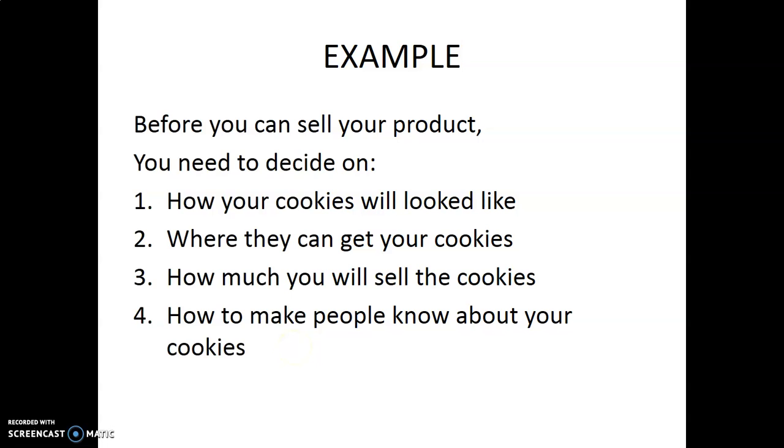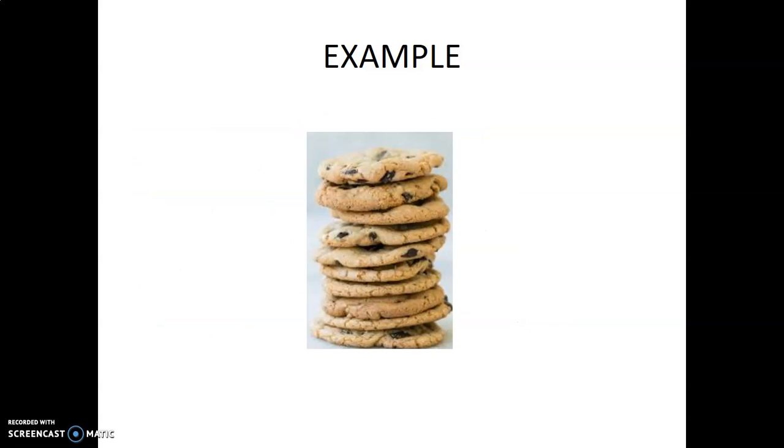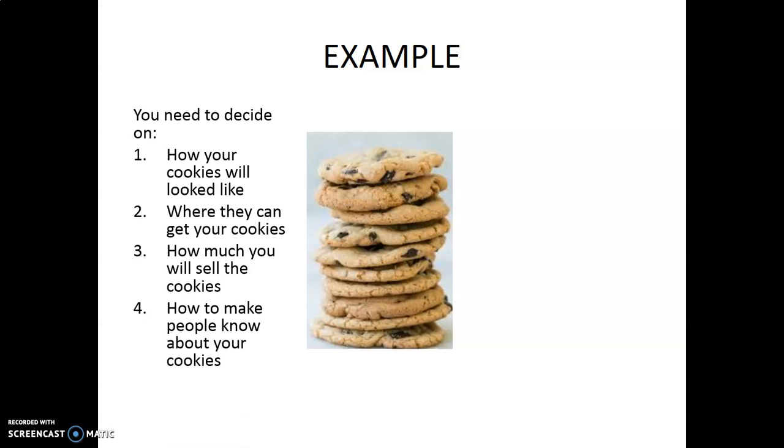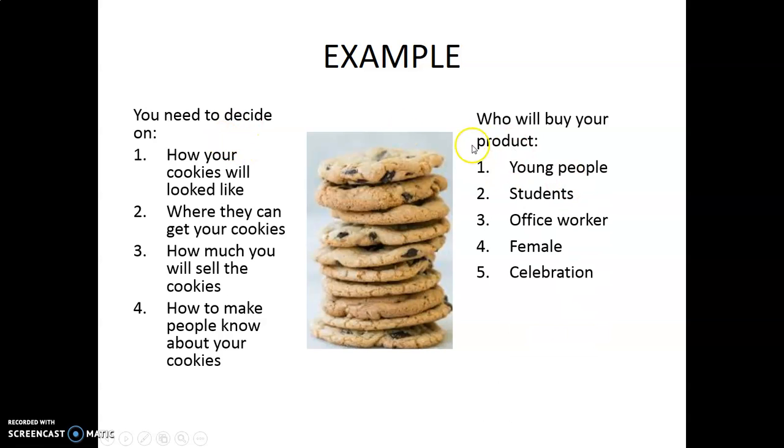Now, after you have these questions about the cookies, and you have the people that you're going to sell to, let's put it simple. Now you have chocolate chips cookies. Remember, this one is about your cookies. You need to decide. You are the one who decides this. And who will buy your product?